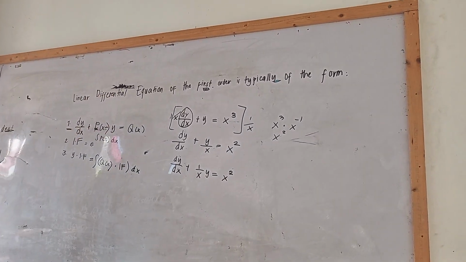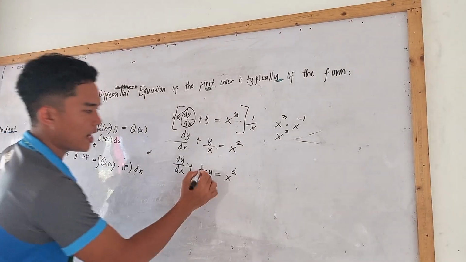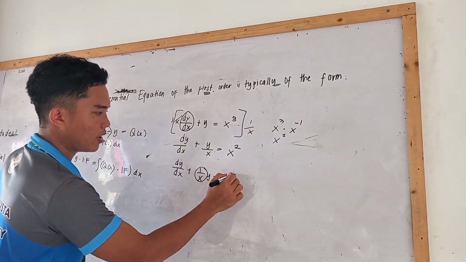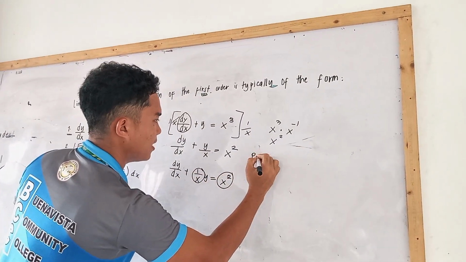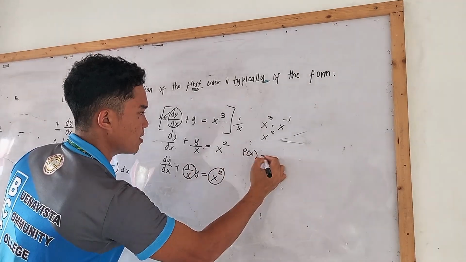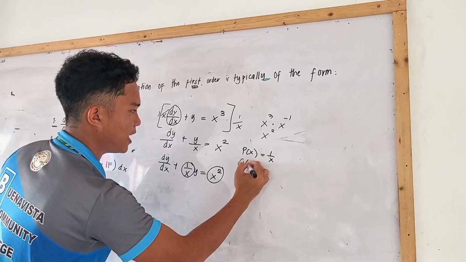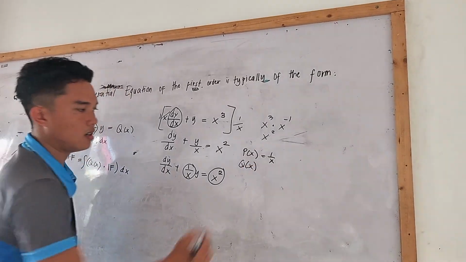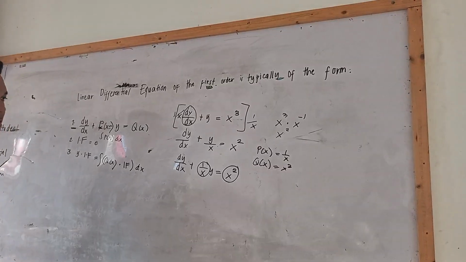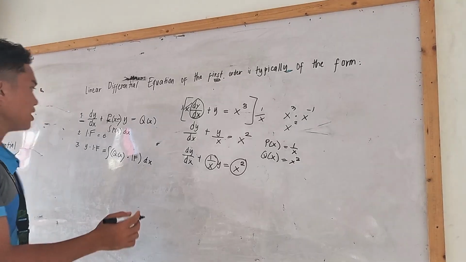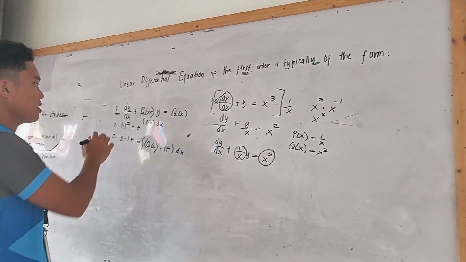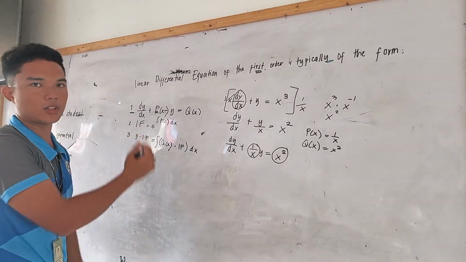So now we have our p of x, which is 1 over x, then q of x, which is x squared. So now, next solution and formula is we're going to use the integrating factor.